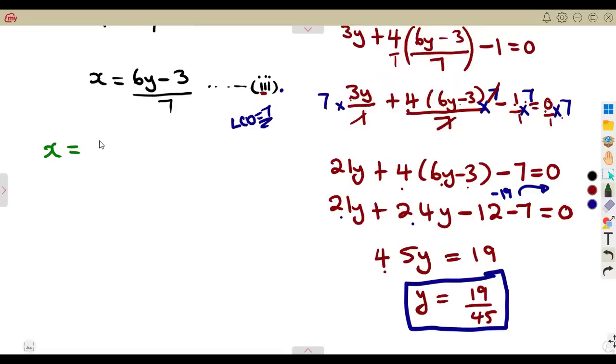x is equal to 6y minus 3, that's 6 times the y that we obtained, which is 19 over 45, and we subtract 3, everything over 7. Do not even worry, because your calculator can simplify this part as it is. So let us see what we are going to obtain on our calculator.